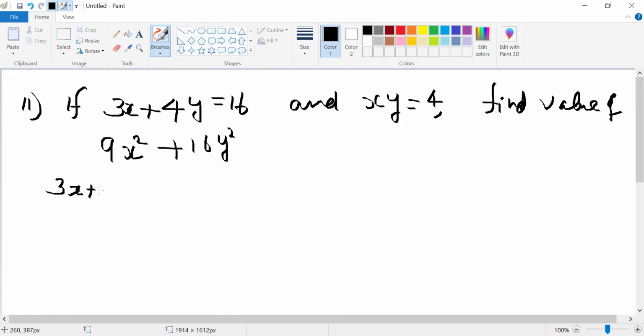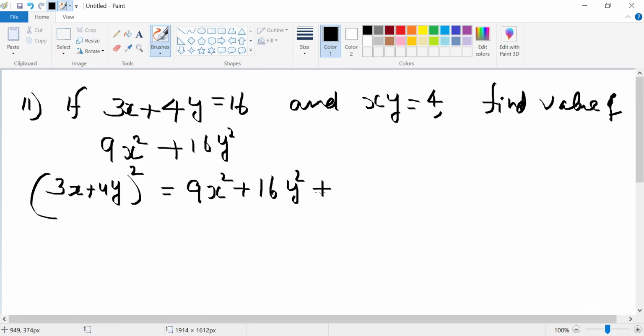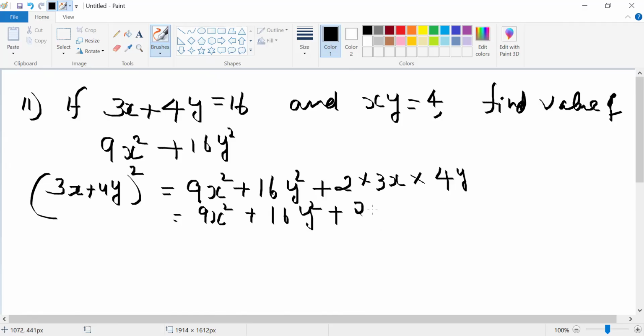So 3x plus 4y, if you take the whole square, what will you get? Squaring, 9x square plus 16y square plus the 2ab part, no? So 2 into 3x into 4y. So you will get 9x square plus 16y square plus 2 into 3 into 4, 24xy.